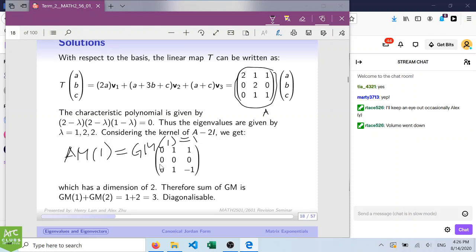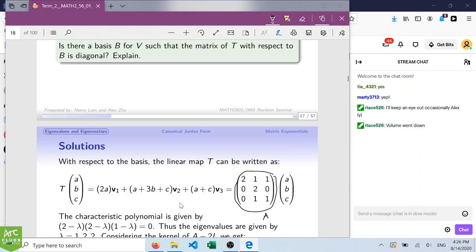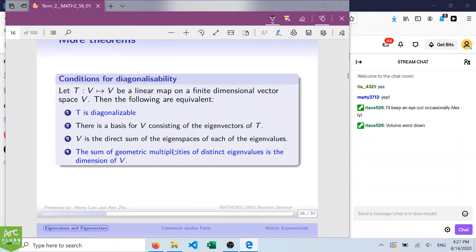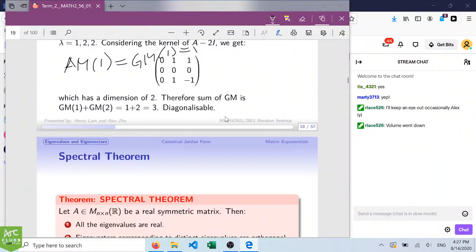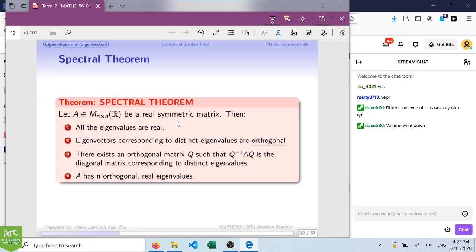And taking the kernel and checking it, we'll see that this also has dimension 2, right? So that means the GM for 1 and the GM for 2 are 1 and 2 respectively, and if you add them it is 3, which corresponds to the dimension of the entire vector space. So therefore it's diagonalizable. All right, next part.